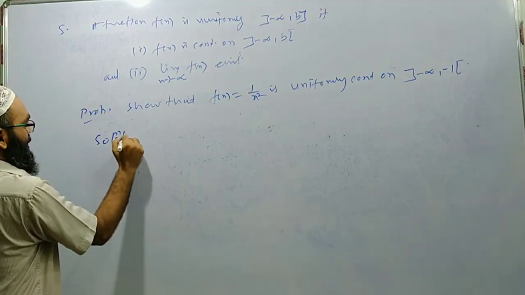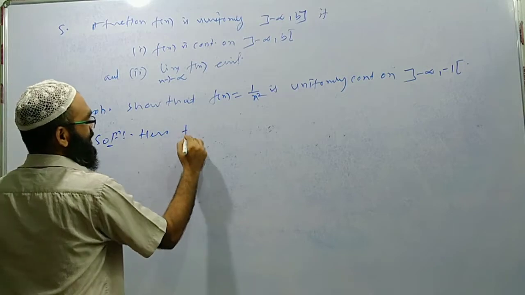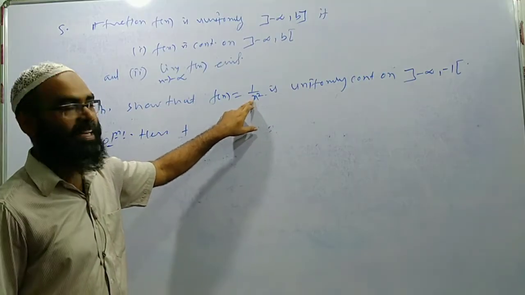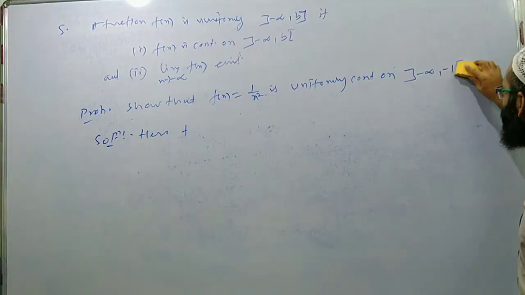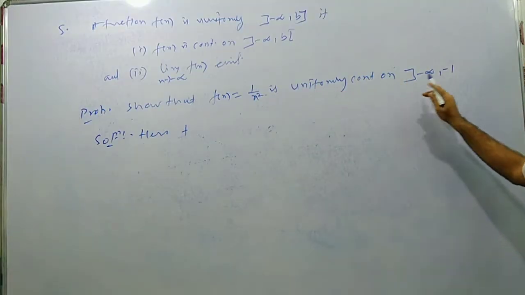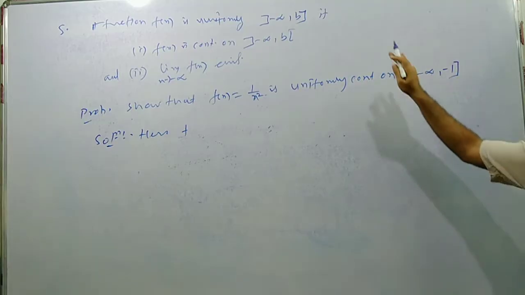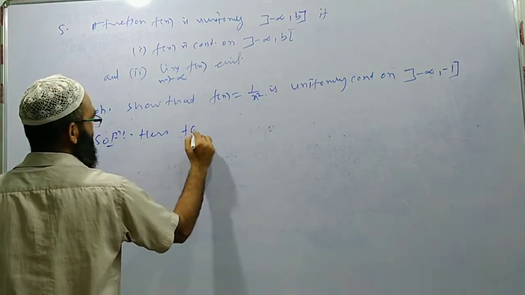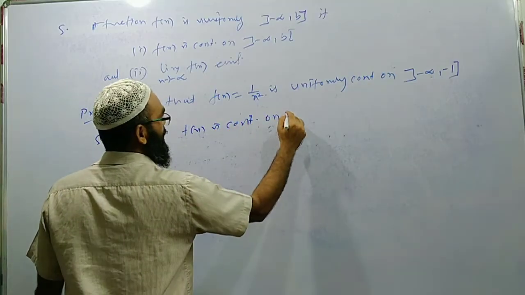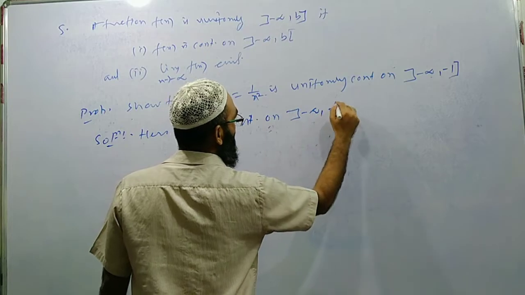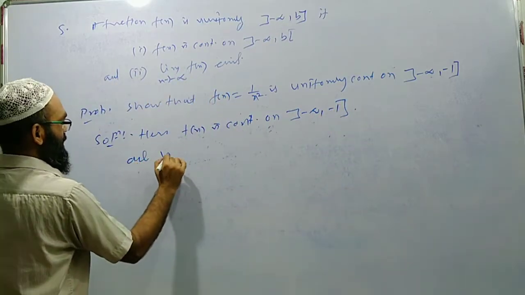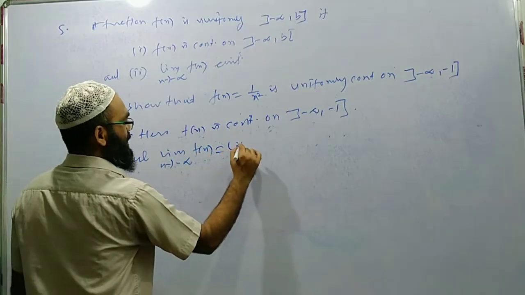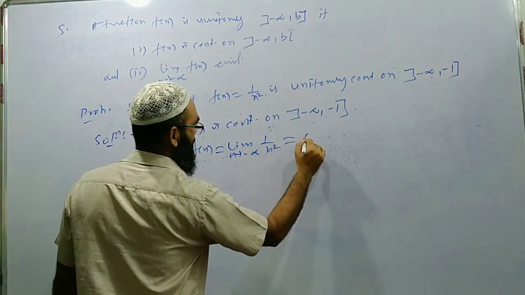Here, observe that this function is everywhere continuous except at x equal to 0, and x equal to 0 is not in the interval. So f(x) is continuous on (minus infinity, -1], and the limit as x tends to minus infinity of f(x) equals the limit of 1 by x square, which is clearly 0.